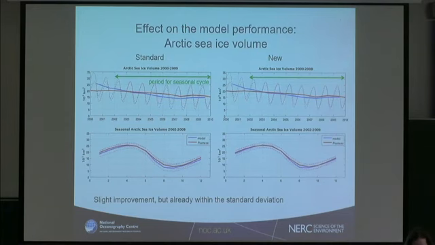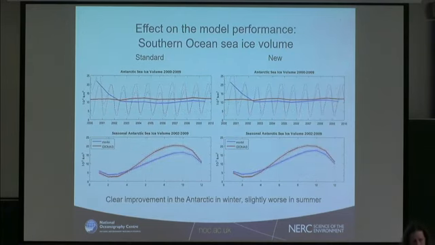Now, I haven't shown anything about the Antarctic yet, but in the Antarctic, the effects that you get through surface mixing are much higher than in the Arctic, and for the Antarctic, there is a substantial effect on the overall sea ice volumes because of the surface mixing.